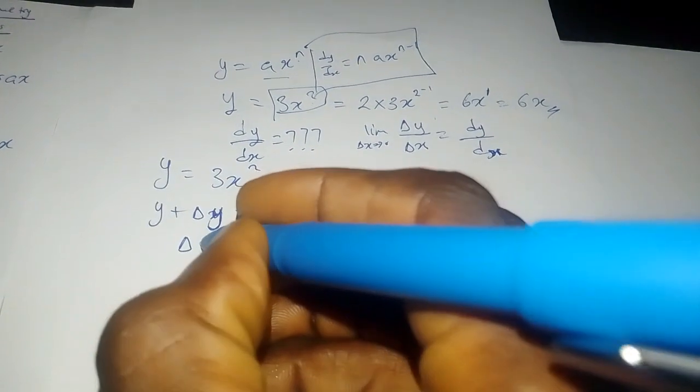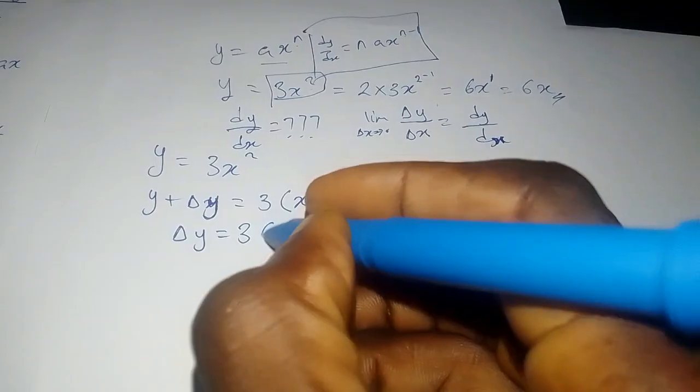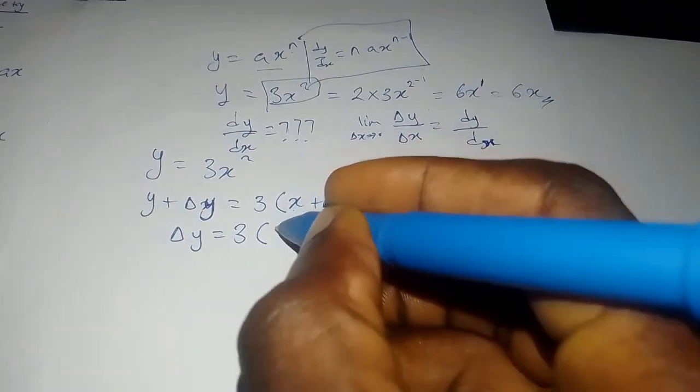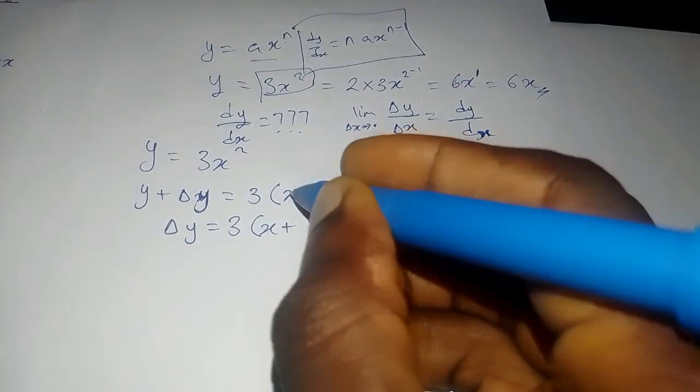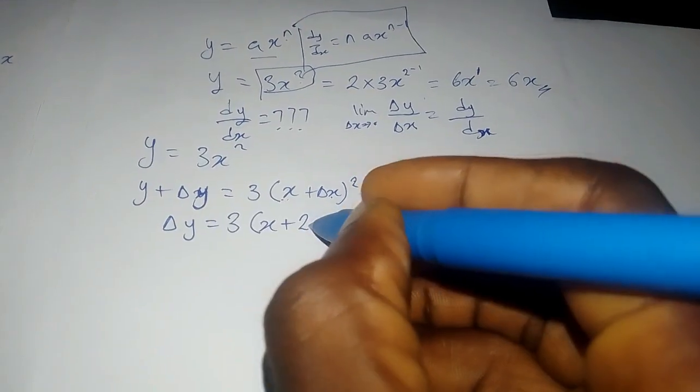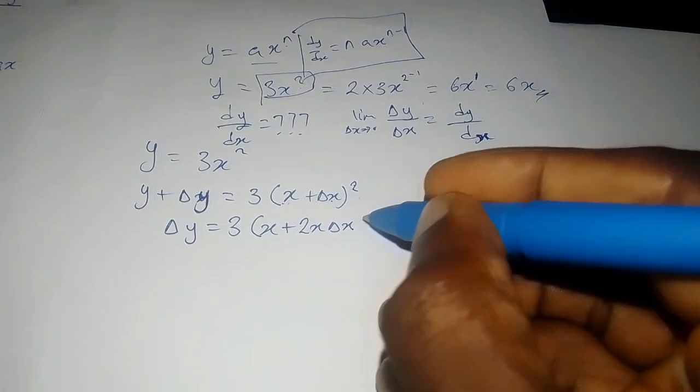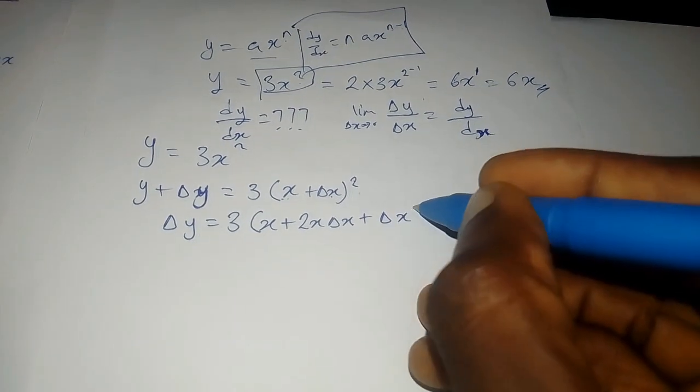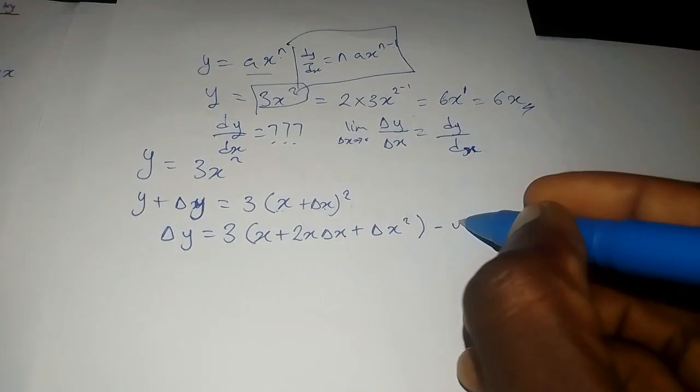I can say delta y is equal to 3 into brackets. Let's open this bracket. That's x squared plus 2 times x times delta x, that's 2x delta x, plus delta x squared, minus y.